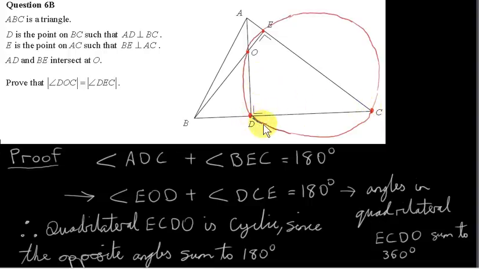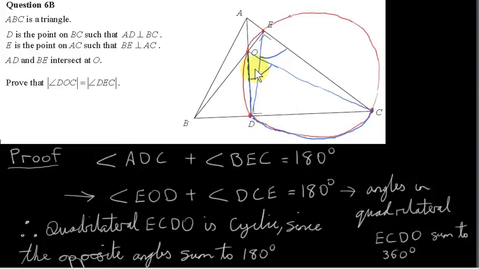Now let's look at this arc of the circle. Now there are two angles standing on this arc. These angles are the two angles that we're interested in showing to be equal. They both stand on this arc of a circle.